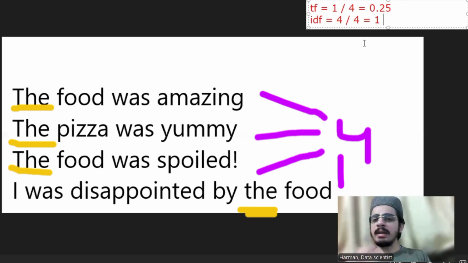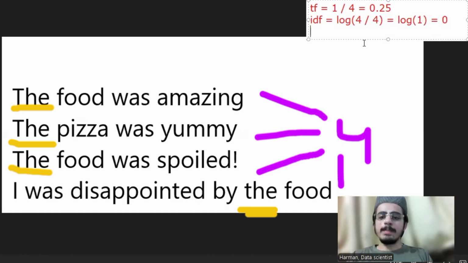And for the IDF, we take the log at the end. So we have to take the log of 1. I will put log here so that it will be clear. Log of 1 is 0. You can check it.